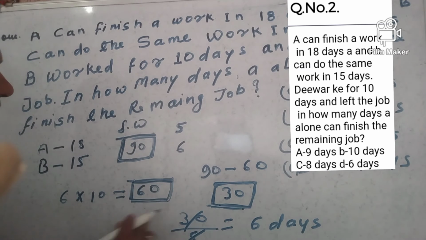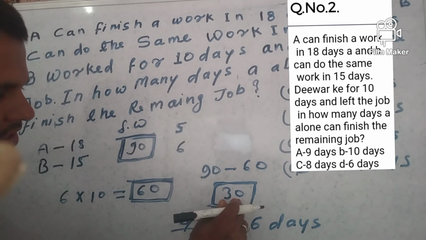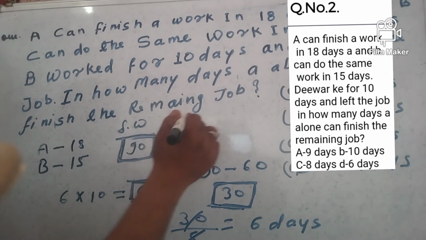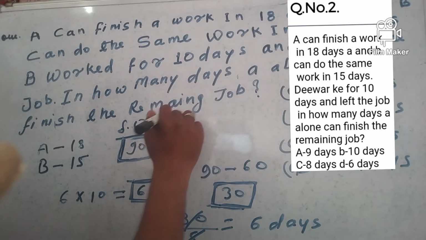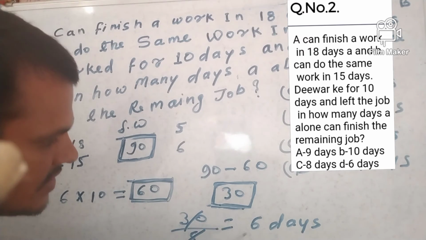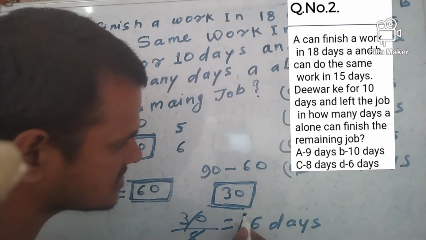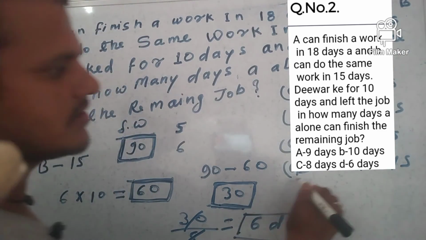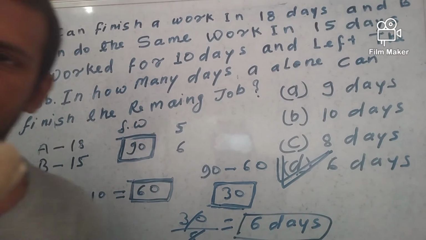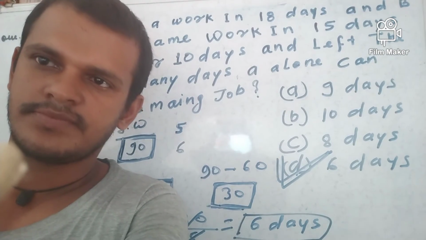Total work is 90. 90 minus 60, remaining work is 30. This remaining work A does, and according to the question he does it in 6 days. So our answer is 6, option D. Let's move to question number 3.